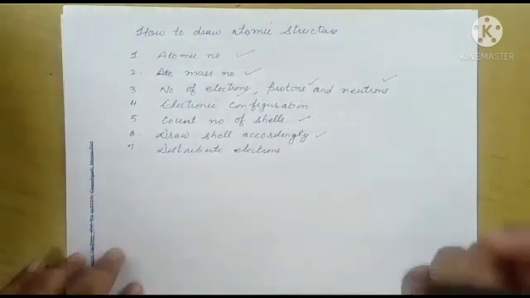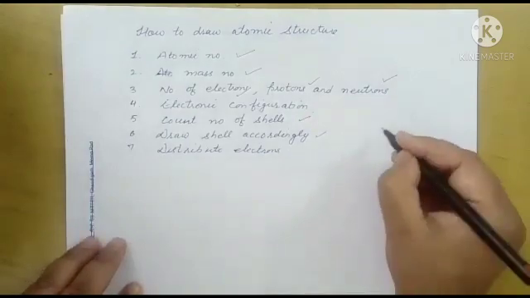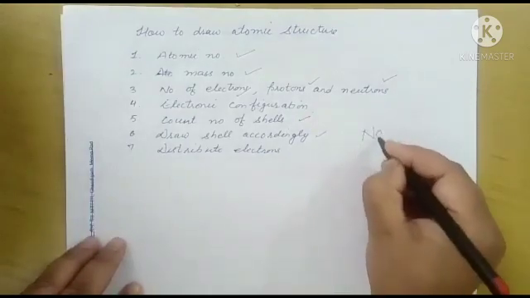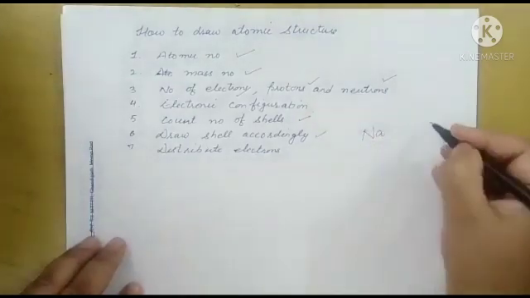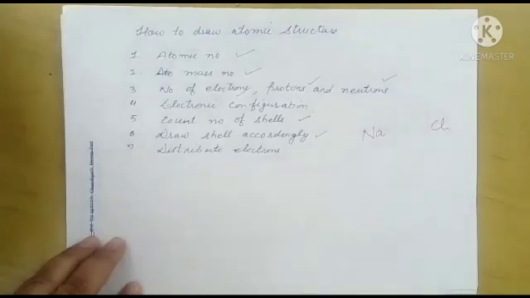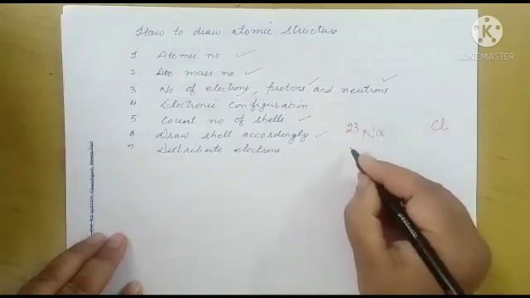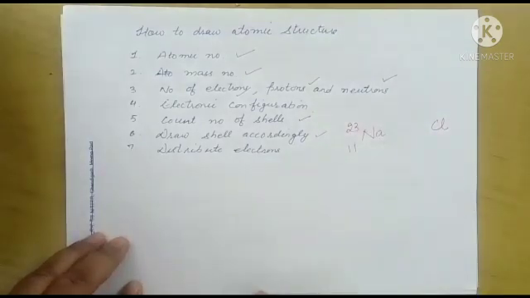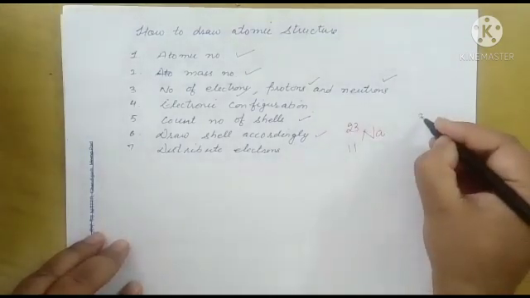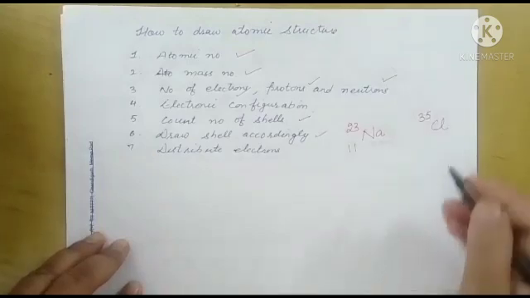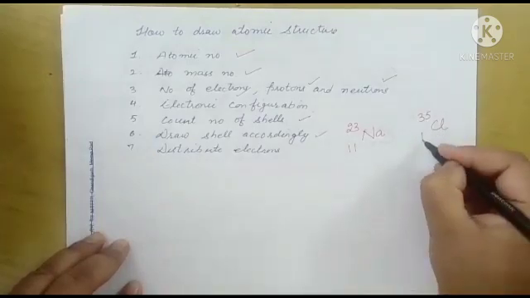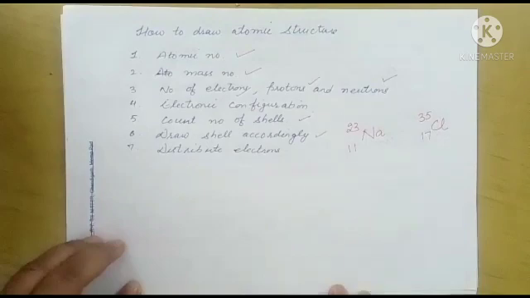For example, let us take sodium and chlorine. Sodium has mass number 23 and atomic number 11. Chlorine has mass number 35 and atomic number 17.